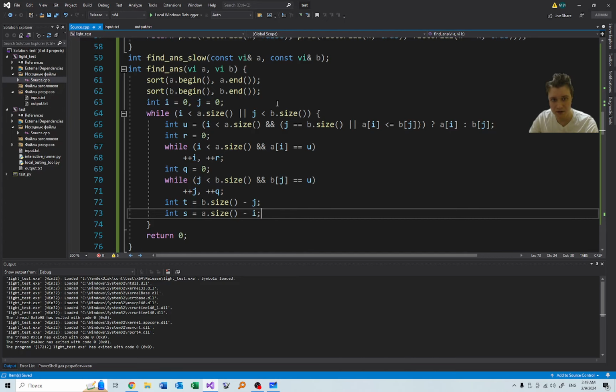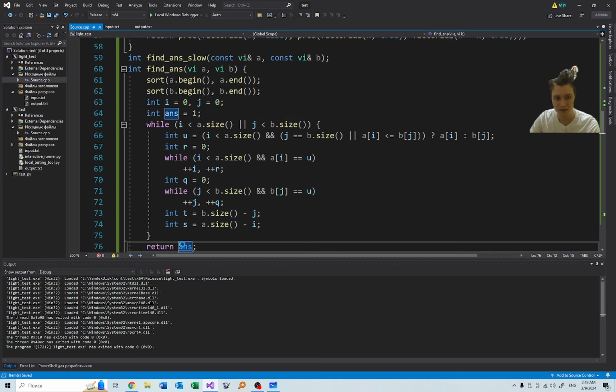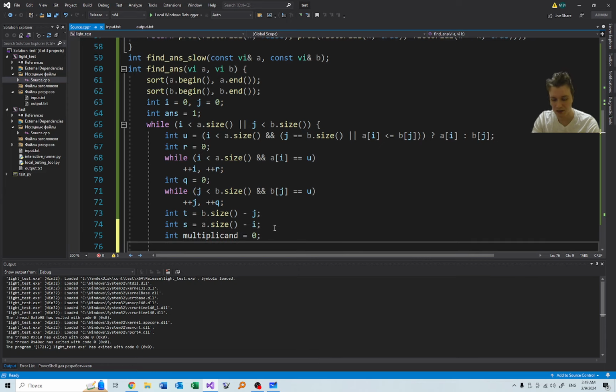this multiplicand. So let's say that we have answer, which is 1. We return answer, and we calculate multiplicand. And answer is the product of answer and multiplicand. To calculate this multiplicand, we go through L equals 0, L is at most rk.